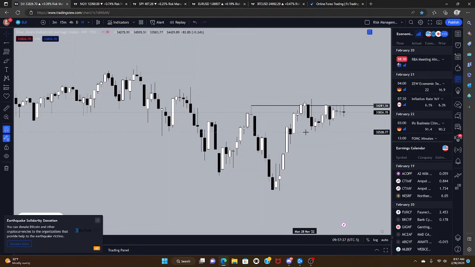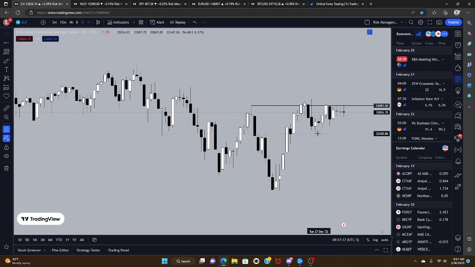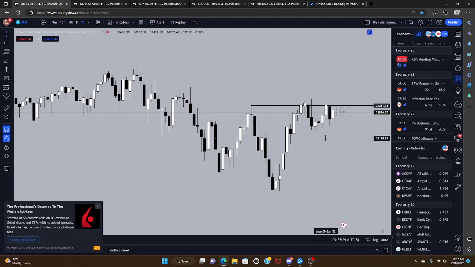But again, I don't really like to put myself in a position where I'm predicting what the market will do as it relates to other correlated markets. I'd prefer to wait for the leading market to show me what it's going to do, and then use that carryover to trade the correlated markets that are being led.